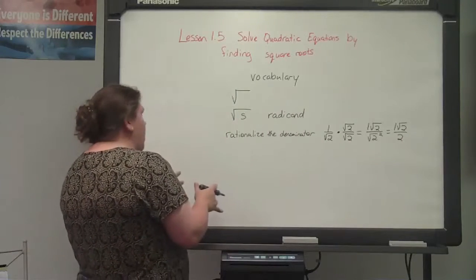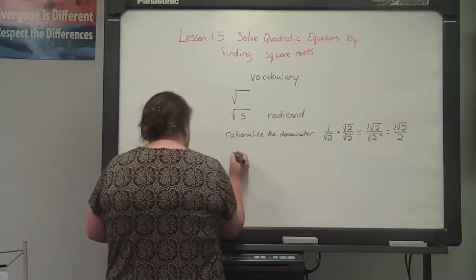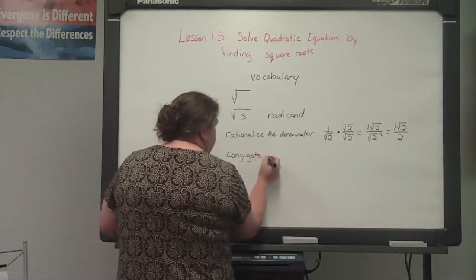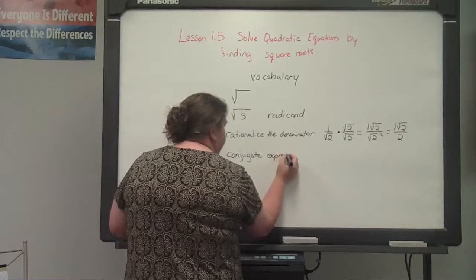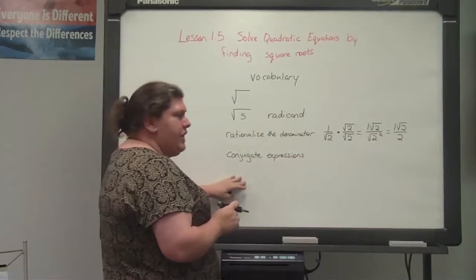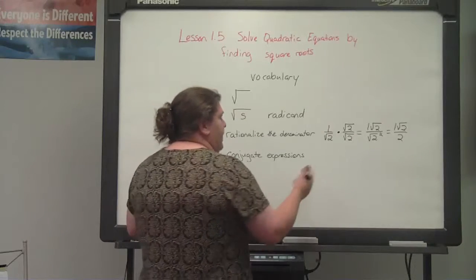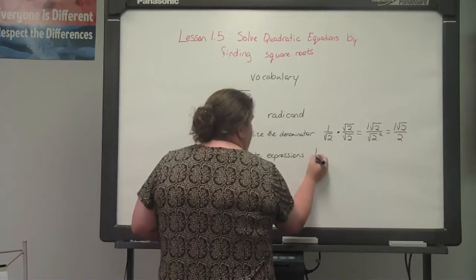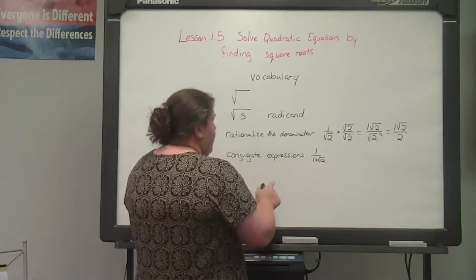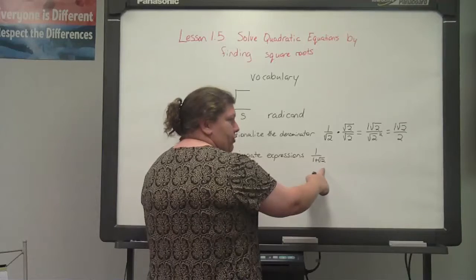And the last vocabulary is the conjugate expressions. What that means is if you see, again, in the denominator, something like 1 over 1 plus square root of 2, the conjugate of that is 1 minus square root 2.